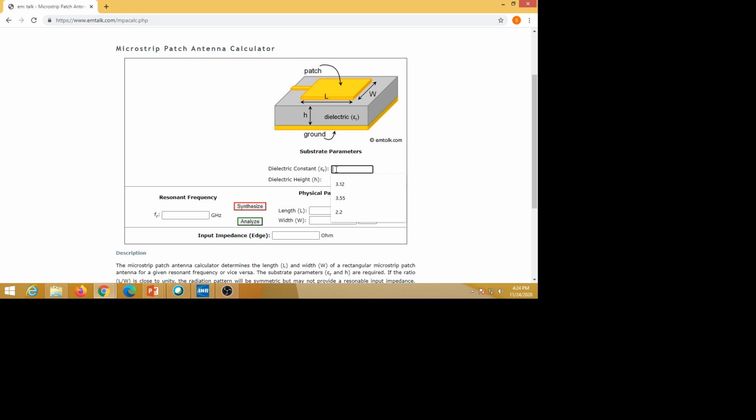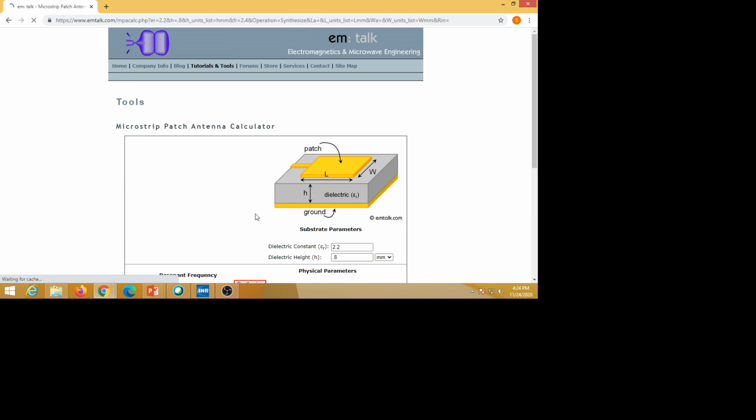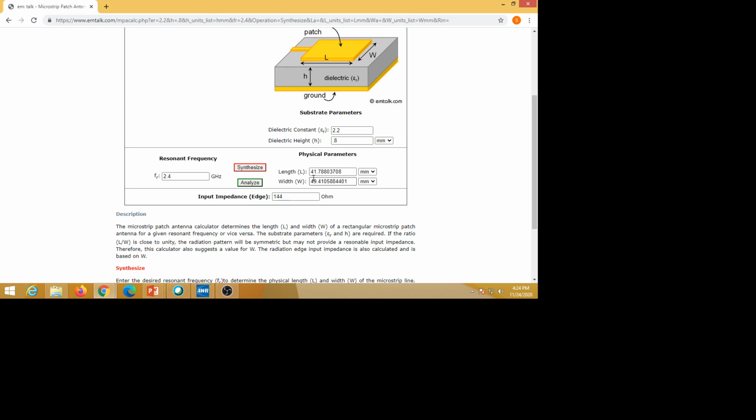Here we have to substitute the parameters: epsilon is 2.2, as given in the problem, thickness is 0.8 mm, in mm only, and frequency is 2.4 gigahertz. Okay, then synthesize. We will get 41.78 mm and 49.41 mm.